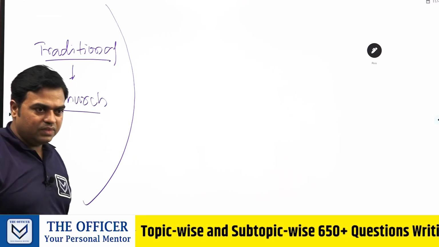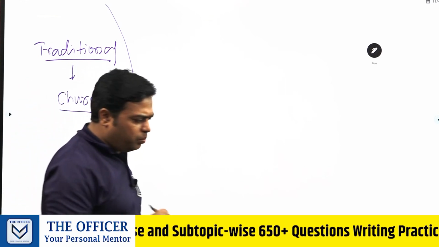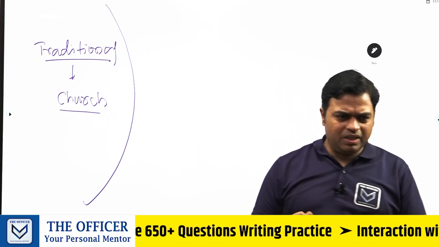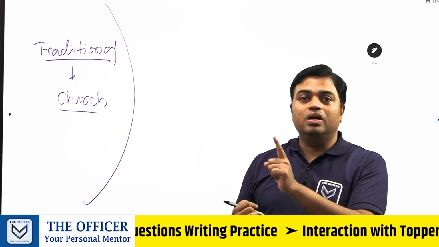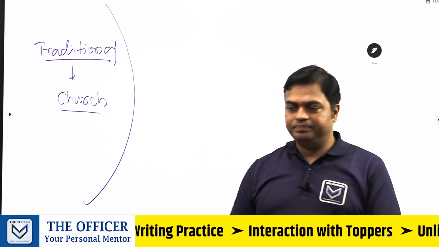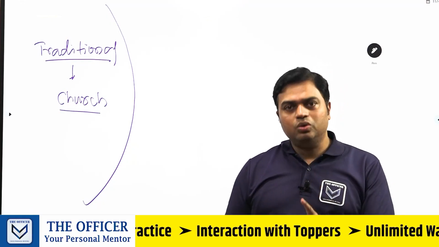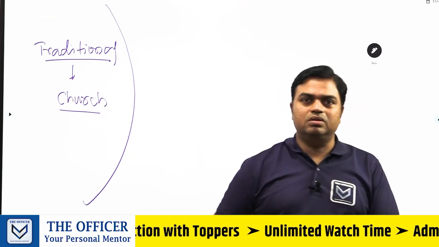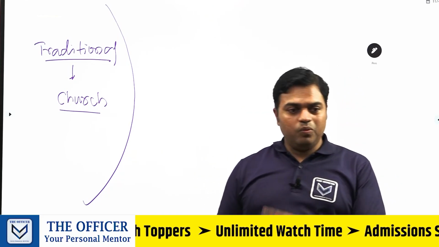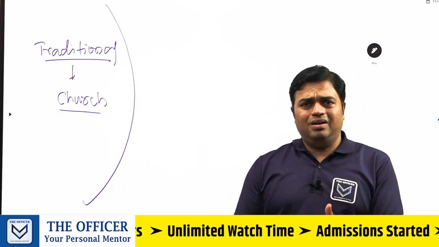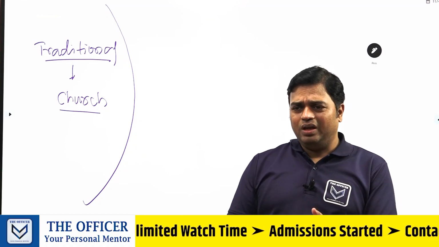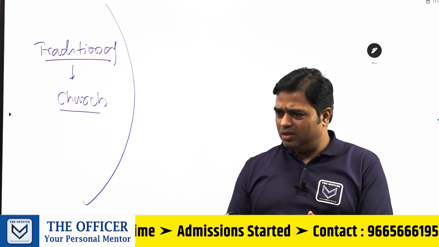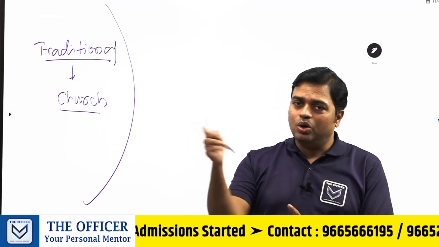So the church was there. The church and the Pope dictated: if you want to write something, write about God or the son of God, that is the king. If you want to think about something, think about God or the son of God, that is the king. If you want to write some poetry or prose, a book, then write about God or the son of God.